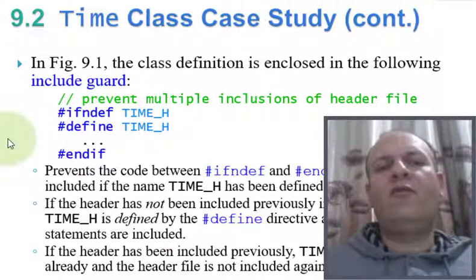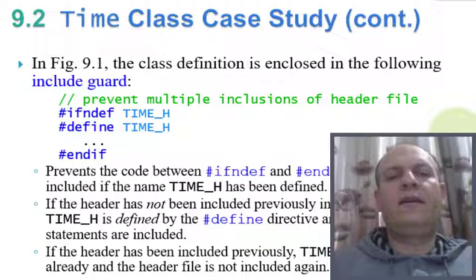Let us start now with the first objective, include guard. Using the case study, our time class, we will discuss how we can use include guard. As we said before, why do we use include guard? To prevent the header file from being copied or added to our code many times, more than once. Actually, it's a very simple topic.